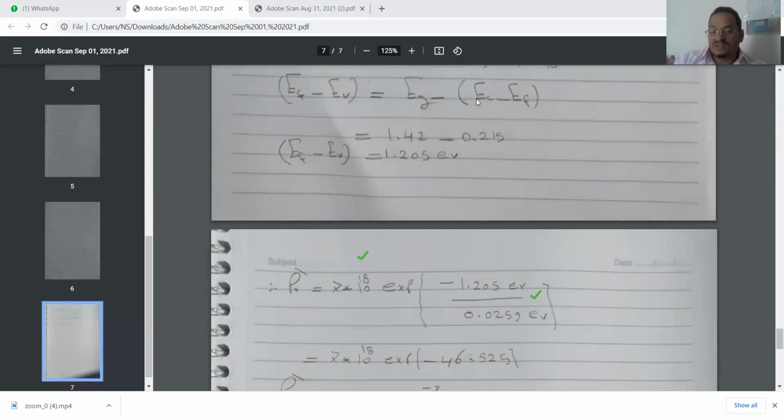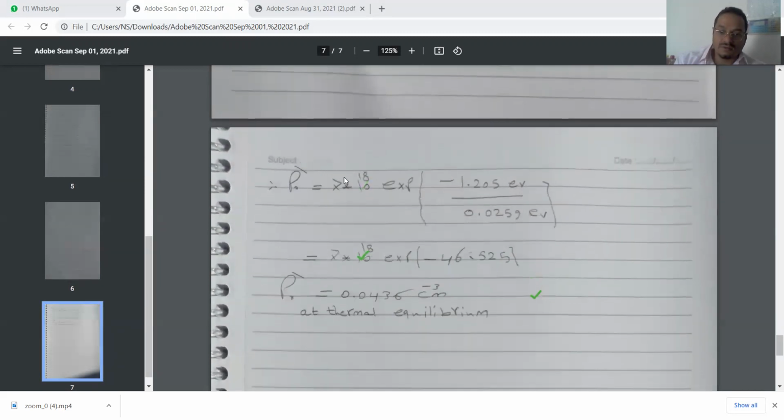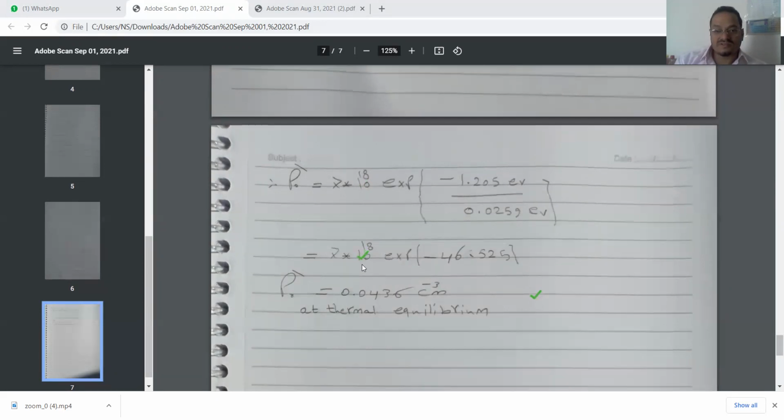With this bracket, conduction band minus valence band, we could calculate the difference between the Fermi level and the valence band. Here, the result for the concentration of holes at thermal equilibrium equals 0.0436 centimeter to the power minus 3.